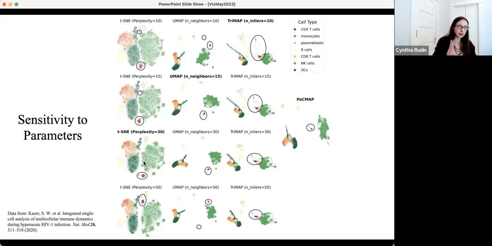And then if you change the perplexity, all of a sudden they end up together. Same thing for UMAP: they're apart, they're together, they're together, they're apart. Whereas TriMAP, which handles global structure, always has them in the same relative positions. And PaCMAP also always keeps them together.